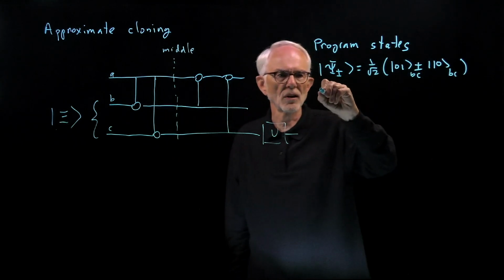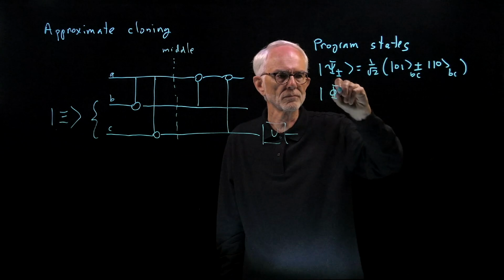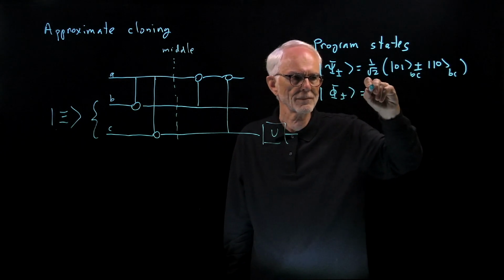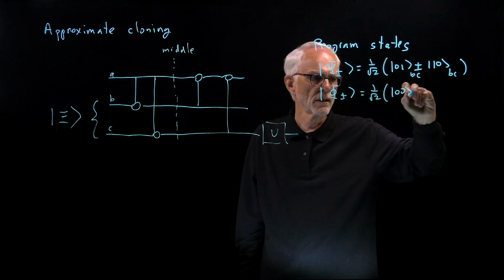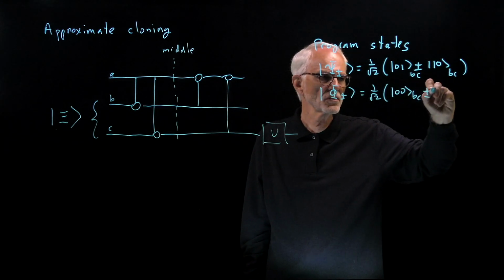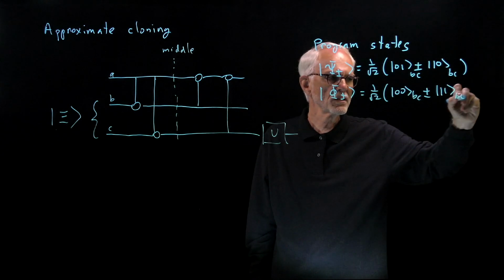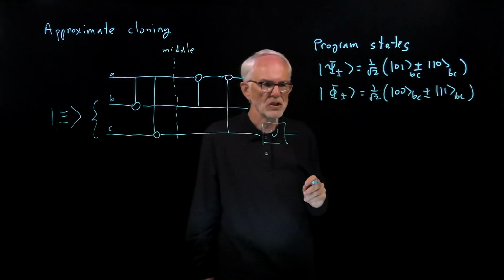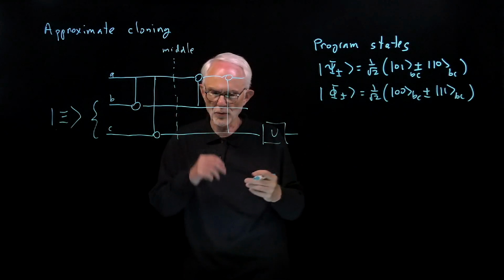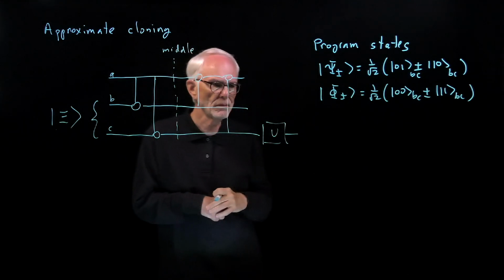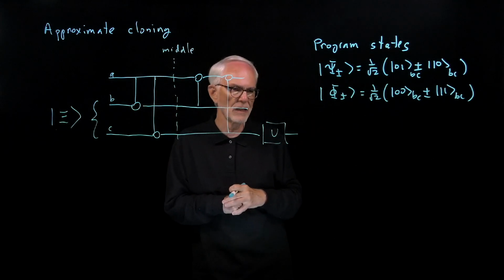And the others are phi plus minus equals 1 over square root of 2 times (0, 0 BC plus minus 1, 1 BC). Now, since we've had a lot of experience with just tracing everything through the circuit, I won't bother doing it again. I'll just give you the answers.